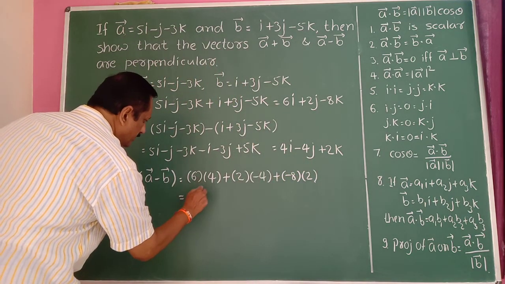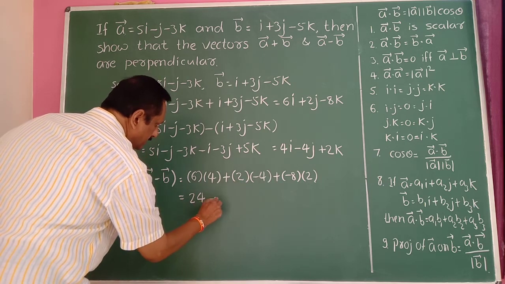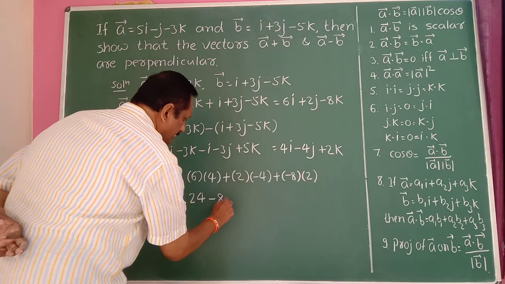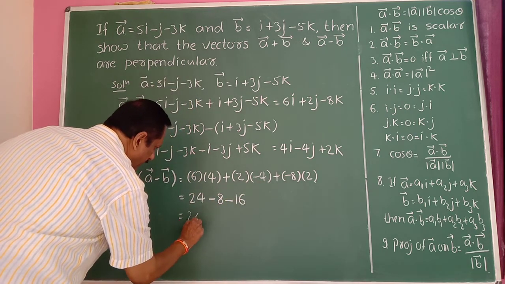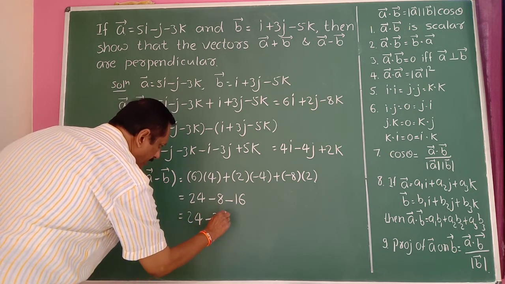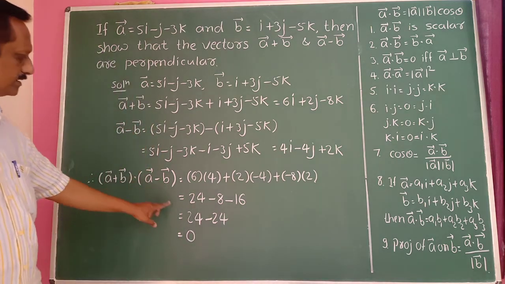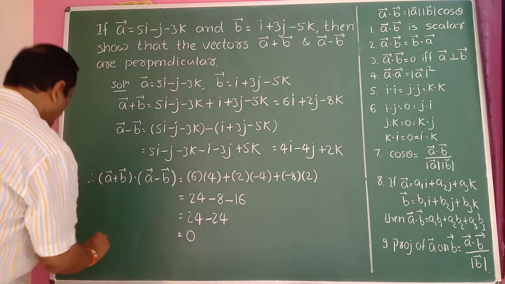Therefore 6 4s are 24. Minus into plus is a minus, 4 2s are 8. Again plus into minus is a minus, 8 2s are 16. So 24 minus 8 minus 16 is minus 24 plus 24, which gives 0. Yes, the dot product is 0. If the dot product is 0, then they are perpendicular to each other.